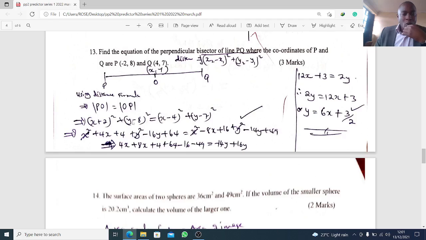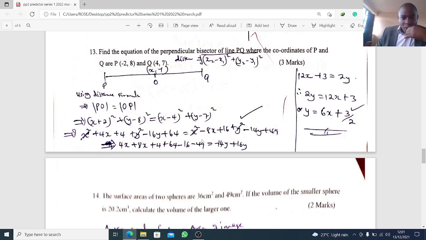So this becomes y squared minus 16y plus 64, equals, we employ the same method, x squared plus 8x plus 16, then plus y squared minus 14y plus 49. So you realize that the x squared and this x squared will cancel out. Then we also have y squared on both sides, which cancels out.